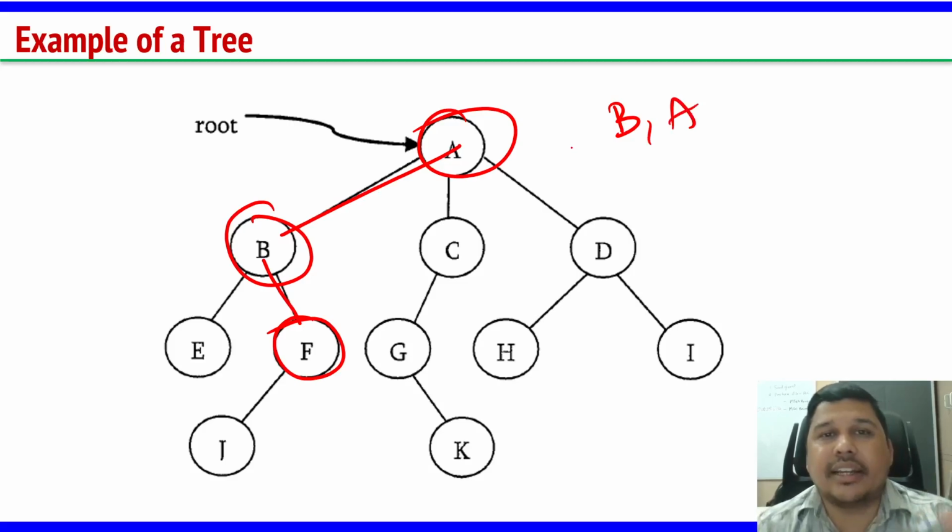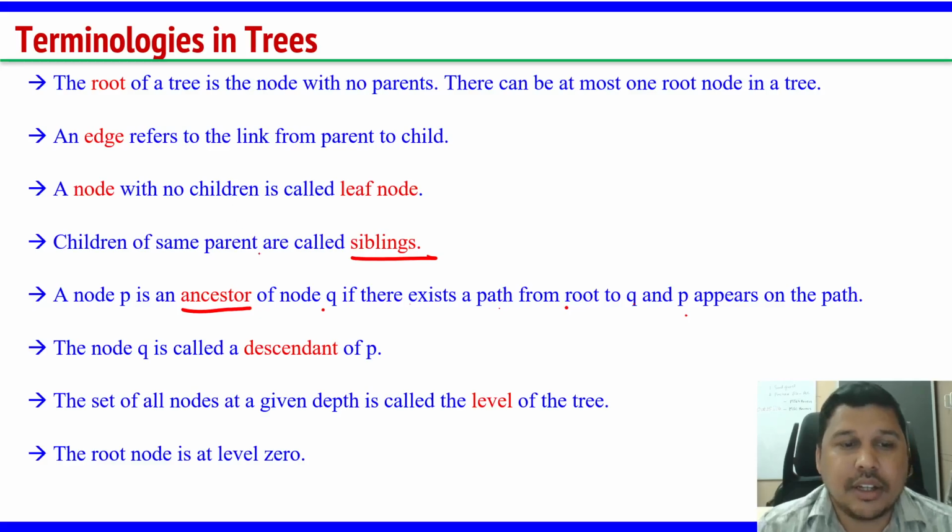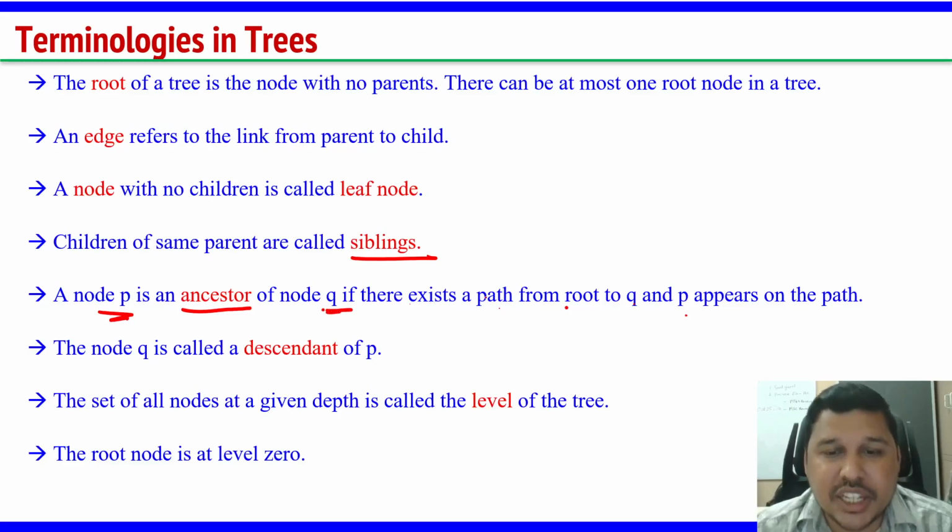Like your father, then grandfather, then his father, everybody is our ancestor, right? We say ancestors, and the same thing here. In a tree also we use the same terminology. A node P is an ancestor of Q if there exists a path from root to Q and P appears on the path.